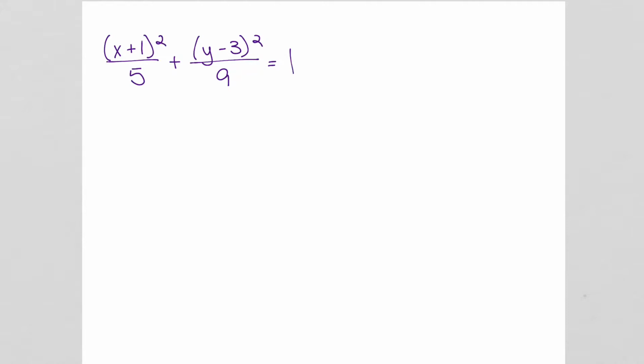The center isn't difficult. It's at negative 1, 3. The vertices. The major axis, in this case, can you pick it out?